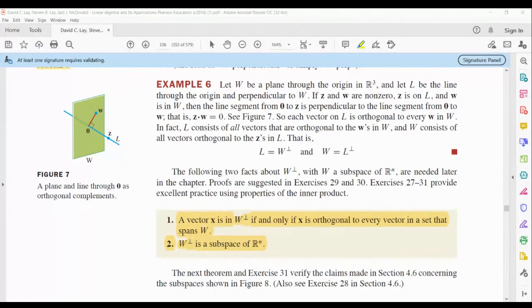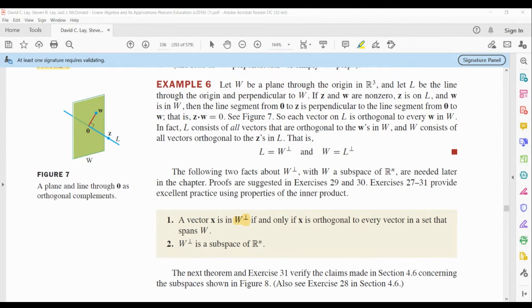So we can call one subspace W, and we can call the perpendicular subspace, also known as the orthogonal complement, the orthogonal complement of W, or W perp, that's W with the perpendicular sign there. This is called W perp.